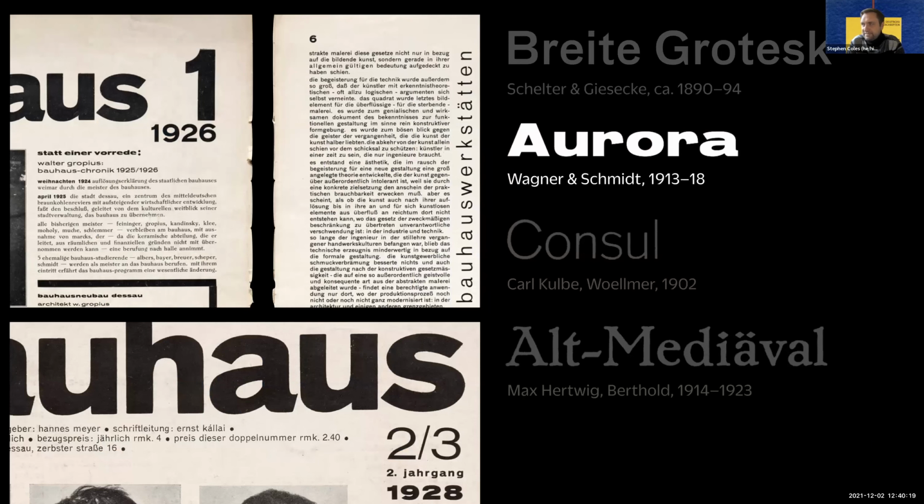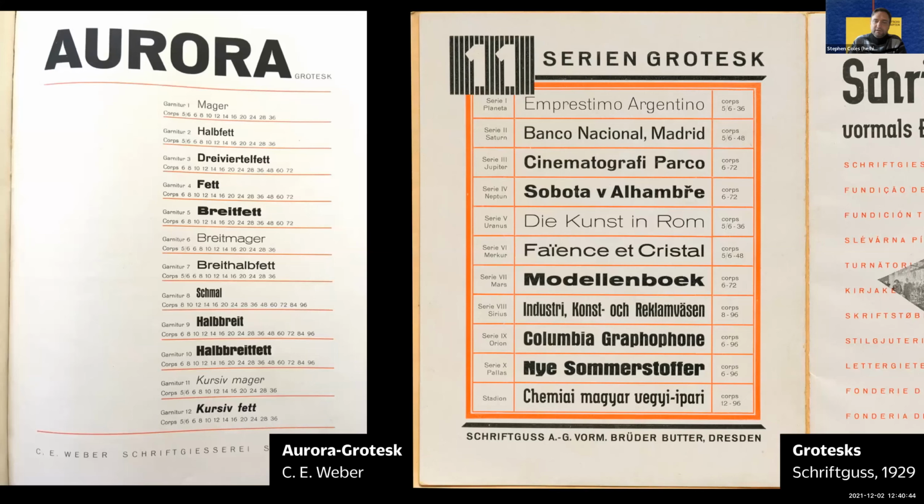Aurora, another typeface that you'll see a lot in Bauhaus publications, including the magazine. This particular weight is the wide, the bold wide that you see underneath the nameplate there, where it says Stadt einer Vorrede. And Aurora was a massive family at the time.